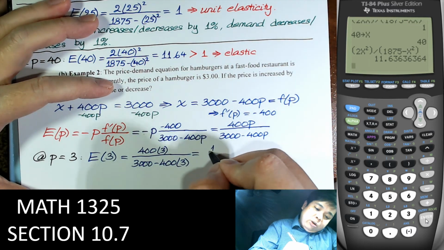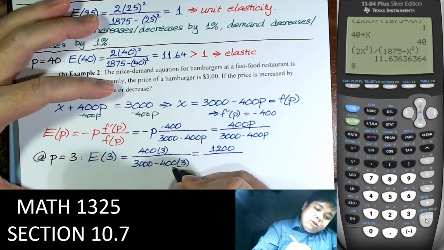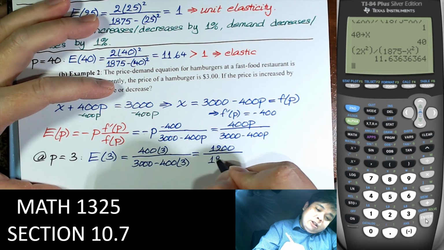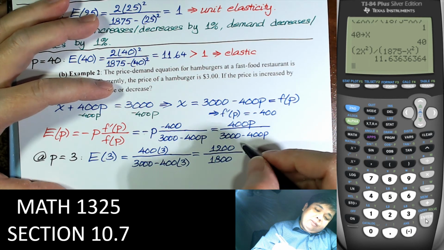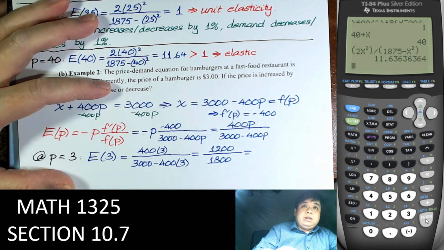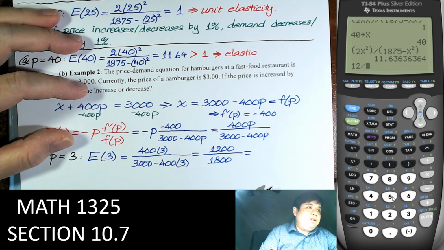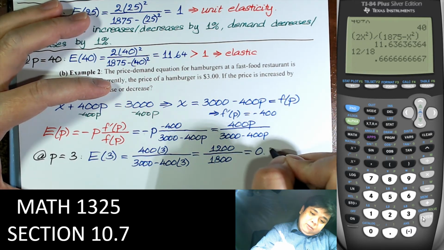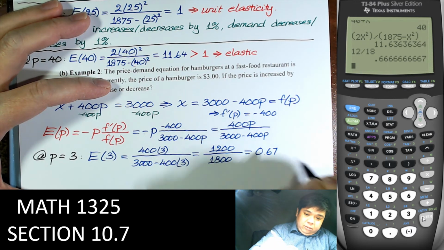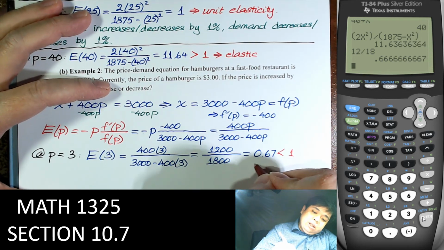So that's 1200. 3000 minus 1200 is 1800. And that gives us 12 over 18, so 2/3. If it's less than 1, this is inelastic.